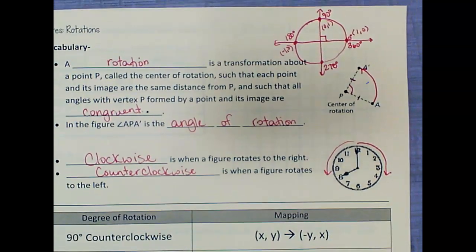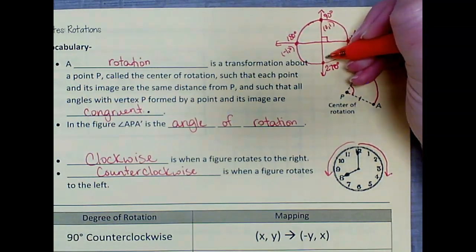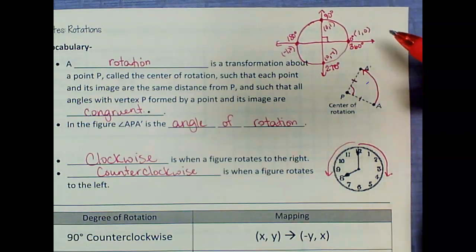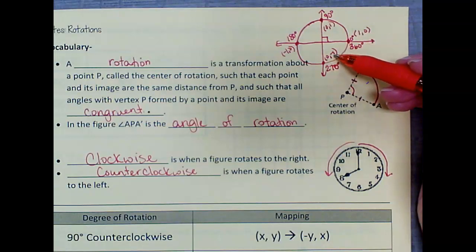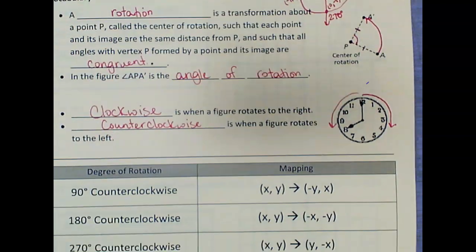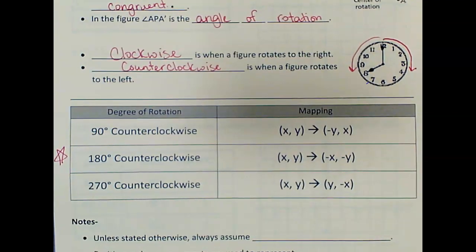So here, if this is (0, 1), then this is (0, negative 1). So you take your original x and y and you switch them. So instead of (1, 0), you have (0, 1), and then you make this negative. So (0, negative 1). So these are just typical patterns that you see for the degrees of rotation.